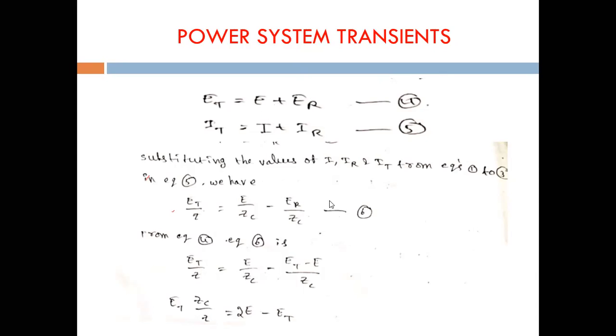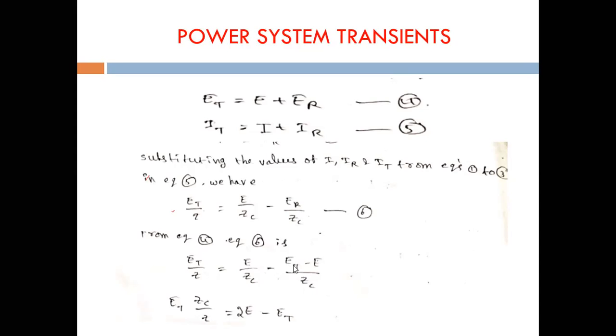Then replace ER by ET minus E. Therefore ET by Z is equal to E by ZC minus (ET minus E) by ZC.